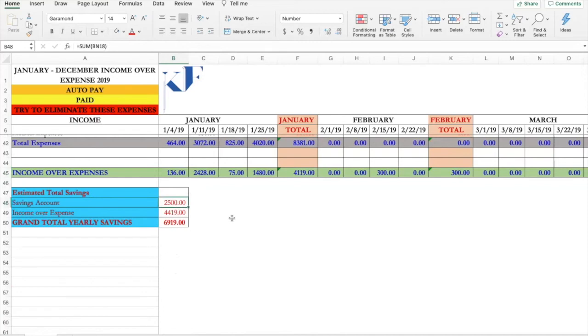Based on my income and my expenses, this is basically a surplus that I have for the entire year. What is that showing me? That's basically showing me that I will be able to save at least $6,919 for that entire year.